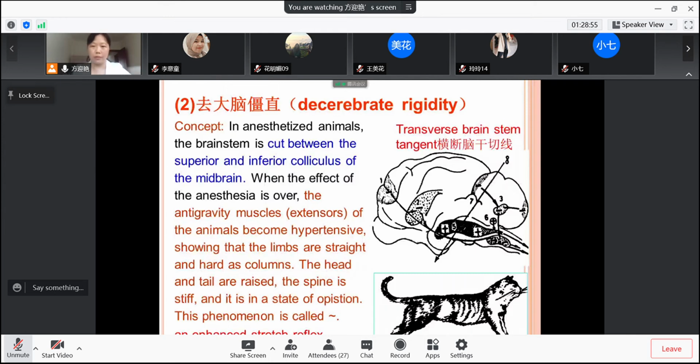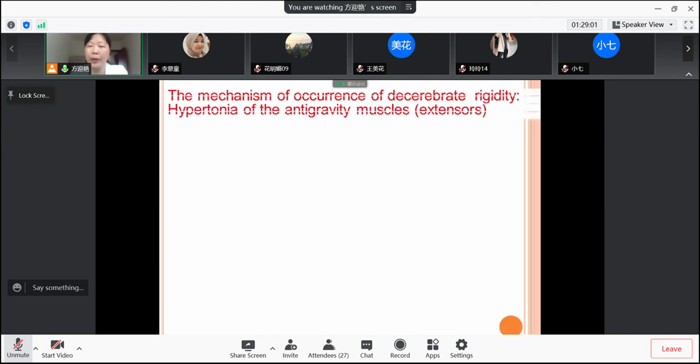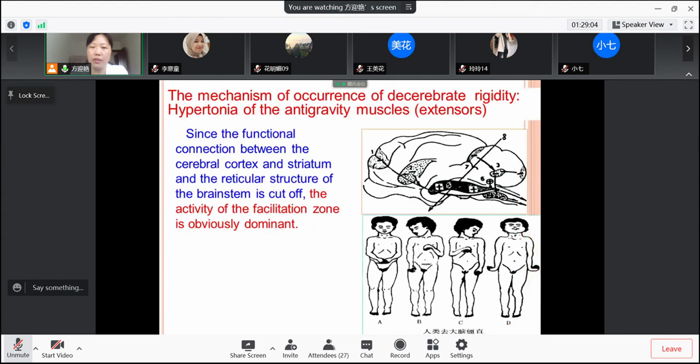I hope you understand here. This can also be observed in patients. In patients with different levels of brainstem damage, there may be anti-gravity muscle hypertonia, and they also show an enhanced stretch reflex.